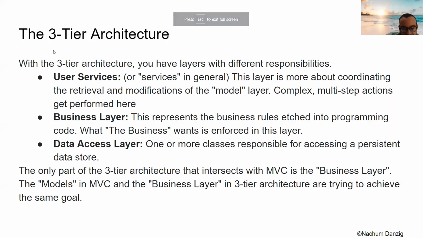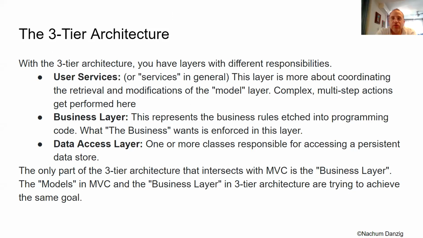With the 3-tier architecture, you have layers with different responsibilities. Okay, in other words, we're talking about software architecture, how to build software in a reasonable way. You guys are used to writing software that 2 people write, or 1 person writes, or maybe 4 people write.